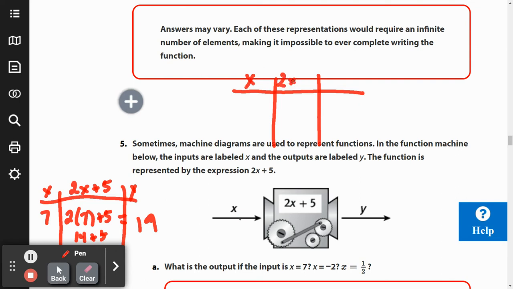X, 2x plus 5, and y. And then this is 1/2. Can I turn the 1/2 to a decimal? I wouldn't.